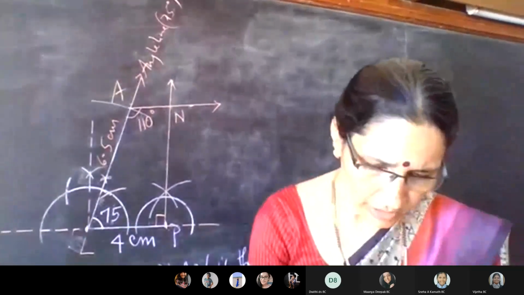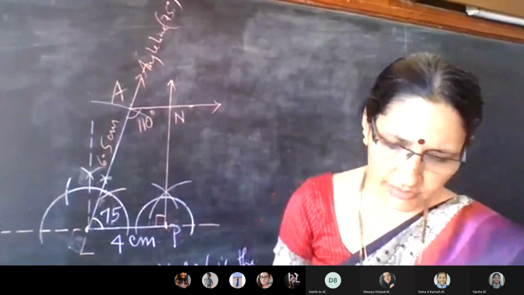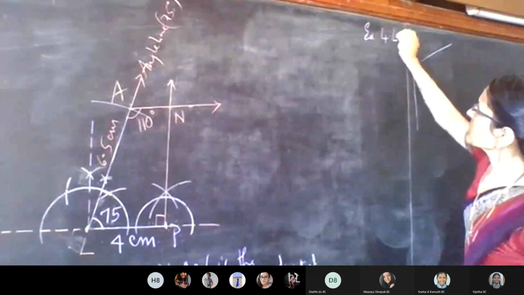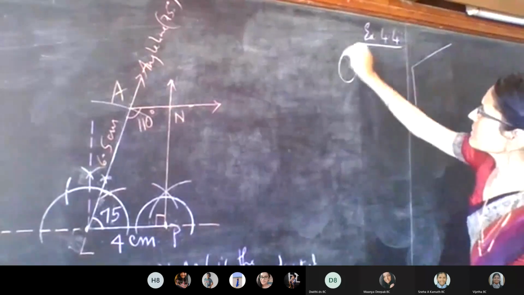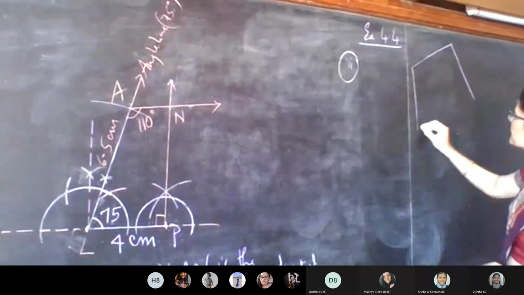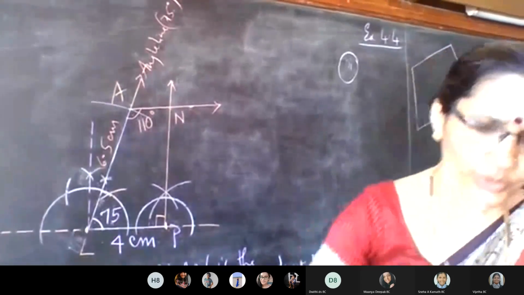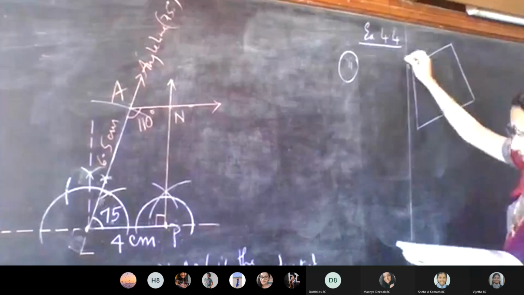So I will draw 4.4, second one, rough figure. Exercise 4.4, second one, rough figure. TRUE is the name of that.